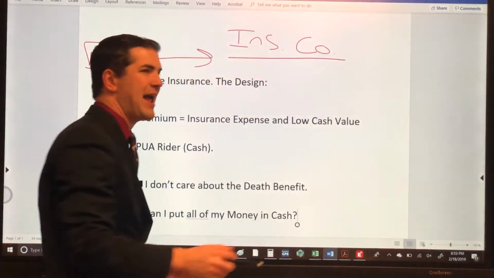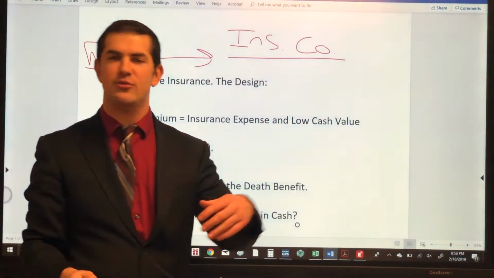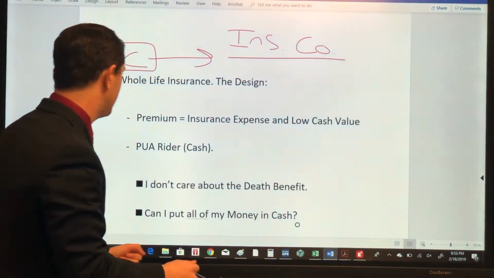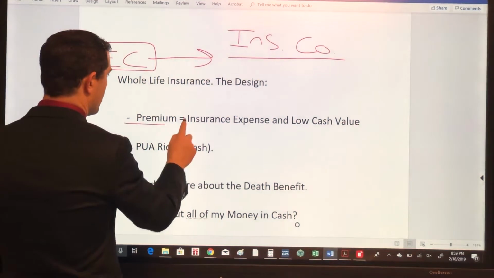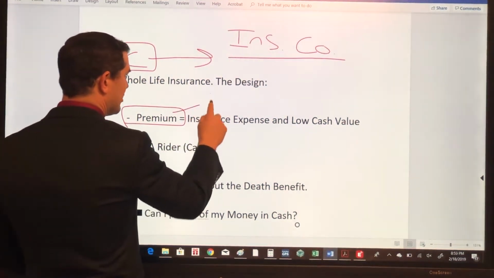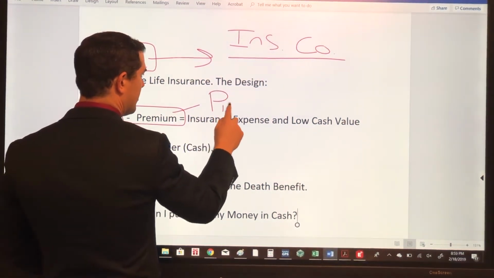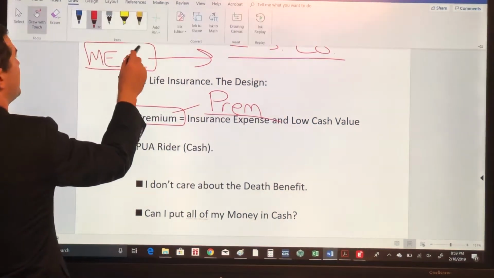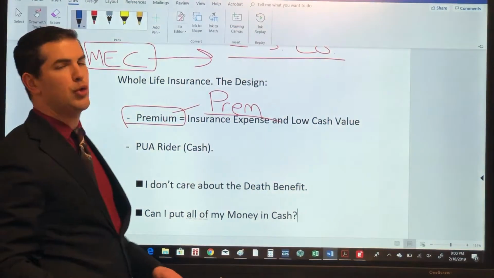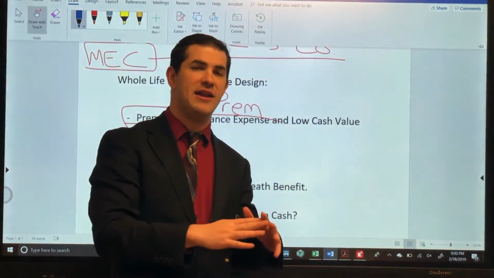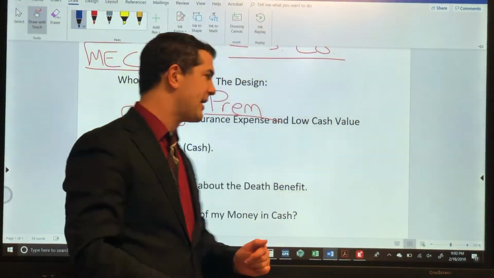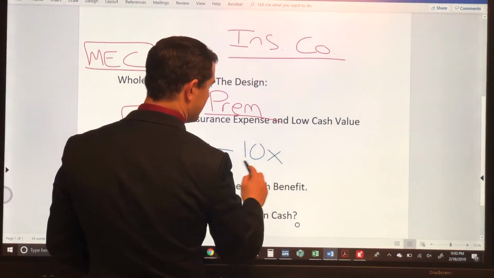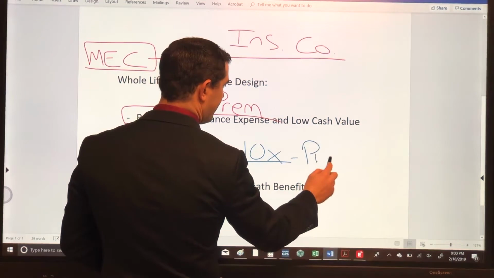Insurance companies have limits that regulate how much money we can pay towards the insurance premium and how much money we can pay into cash. Those limits are, wherever we set our underlying insurance premium, the insurance company will allow you to pay up to 10 times that number per year into cash. 10x the premium.